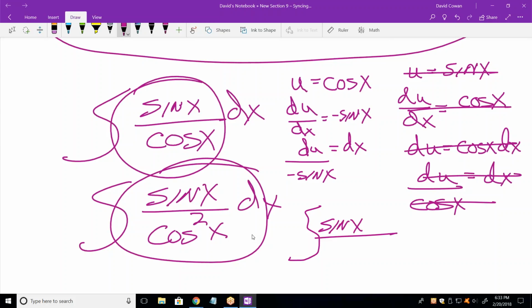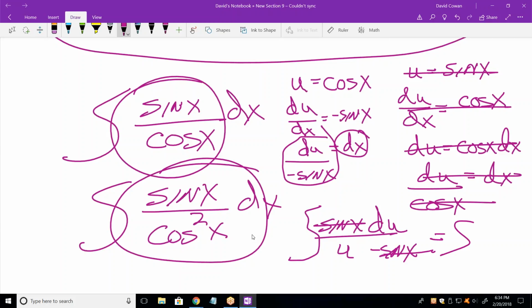My cosine x is u. And for dx, that's this. So it's du over minus sine x. And now bingo. And I'm left with nothing but u.